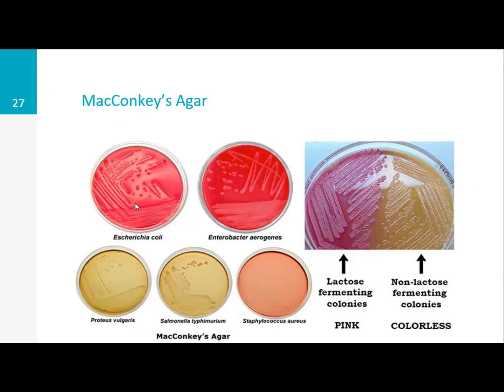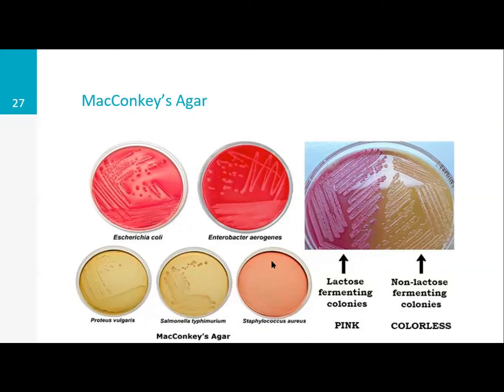They assume that pink color. So your Escherichia coli, your E. coli, and your Enterobacter aerogenes, those are lactose fermenting gram negative organisms. What we can see here, the Salmonella and the Proteus, these are gram negative non-fermenting.